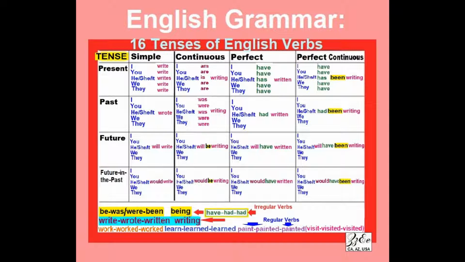After auxiliary have, the rule in all languages of the world should go past participle form. So past participle form of the verb to be, it is irregular verb. And let's see what is past participle form. Past participle form is been.